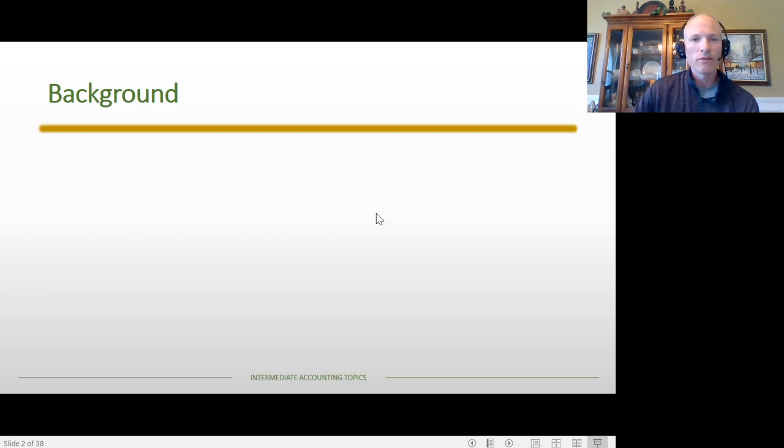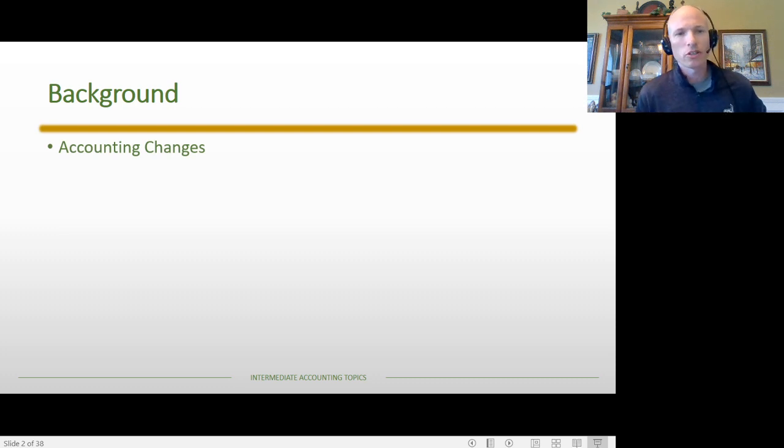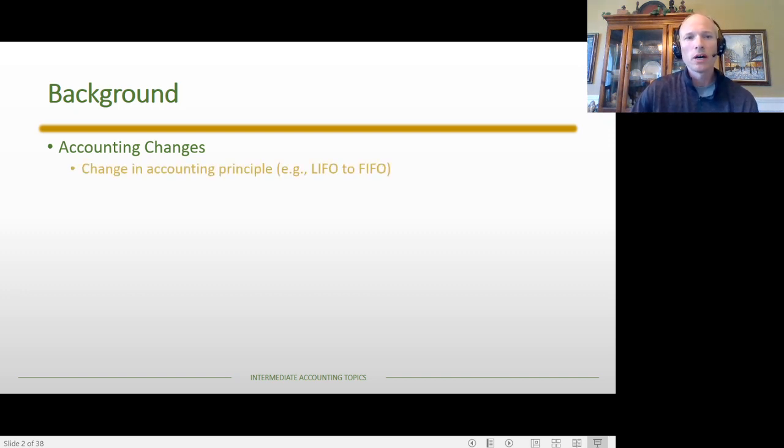Let's go some background first. When we talk about changes in error analysis, the first thing we're talking about is changes. And so when we have accounting changes, there are really three major types. The first one is that you could have a change in accounting principle. One example of that would be if a company is using LIFO and they decide to change to FIFO or back and forth.